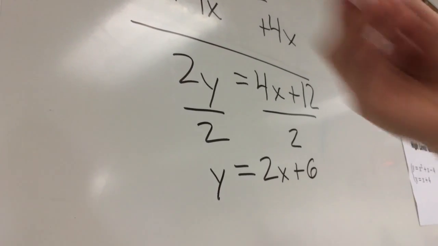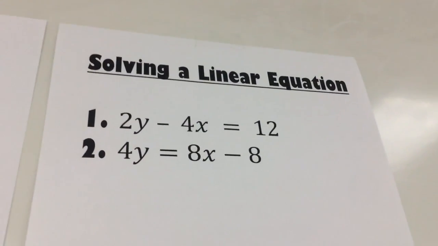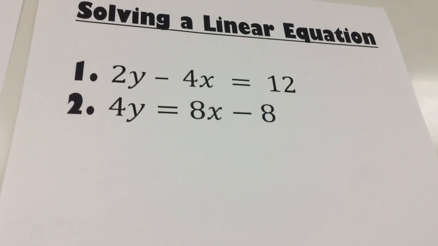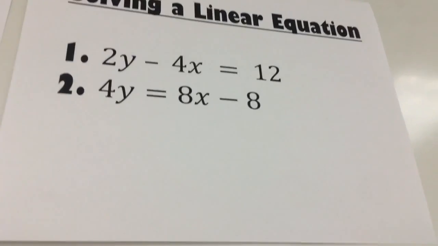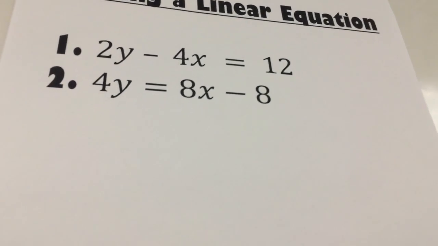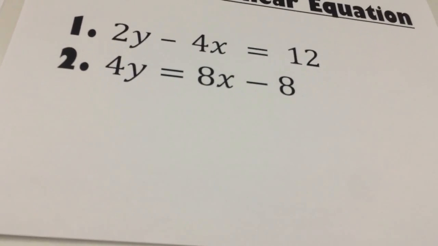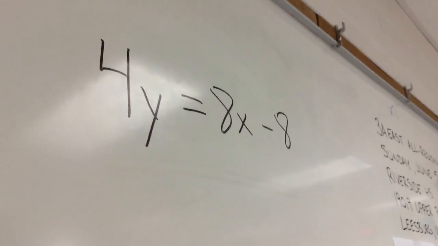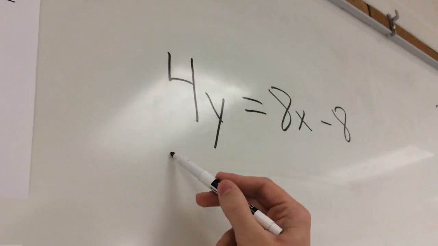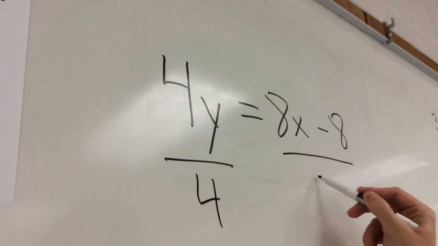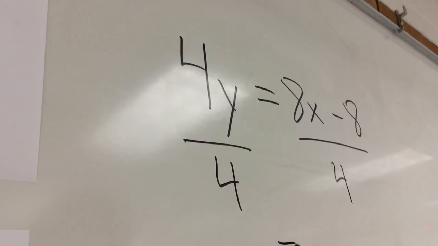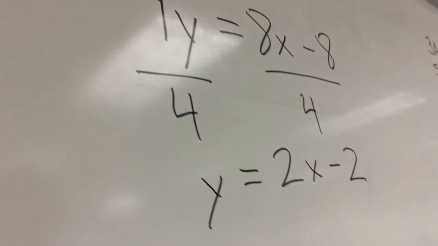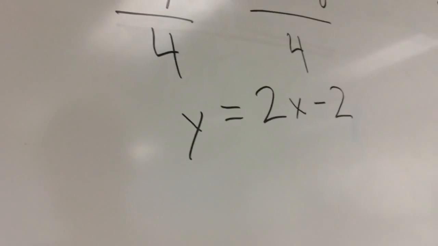And the other one, and we'll use this for example 1 with a quadratic equation, is 4y equals 8x minus 8. So basically with this one, all you have to do is divide by 4. And we'll use that with example 2 with a quadratic equation.